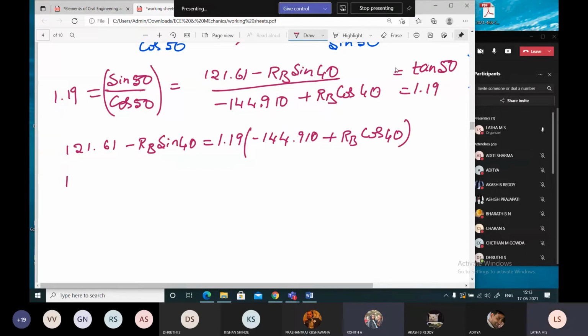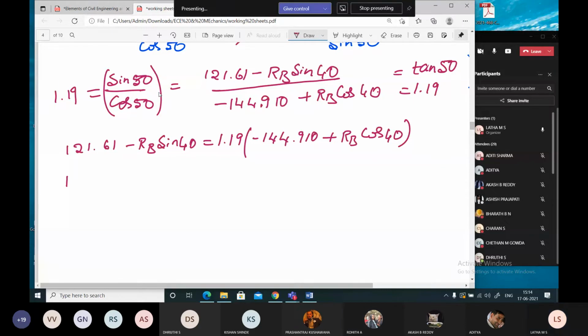Put cos 50 and sin 50 on either side. Instead of taking this as tan, multiply cos 50 to this equation and sin 50 to that equation.